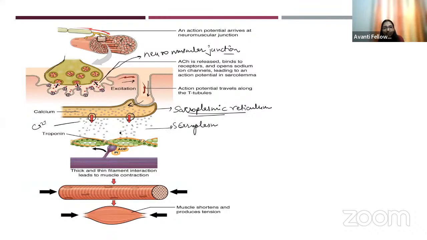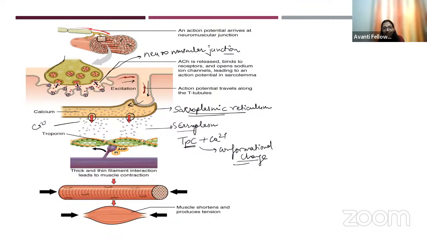Now all the calcium starts moving into the sarcoplasm and binds to TPC, which is the troponin calcium binding protein. Once TPC binds with the calcium, a conformation change occurs in TPC.